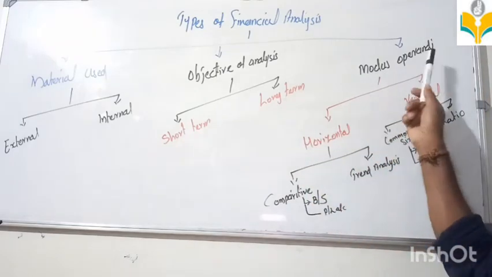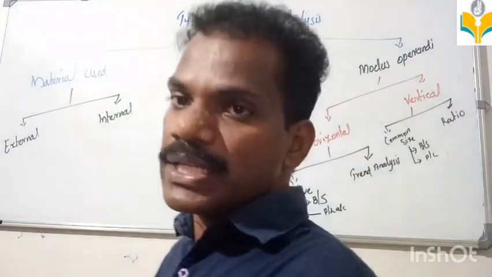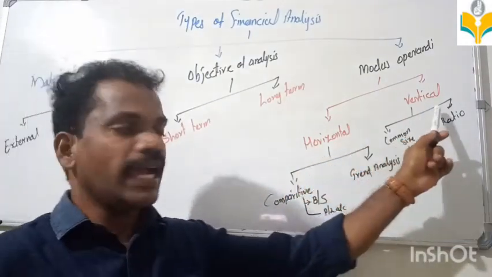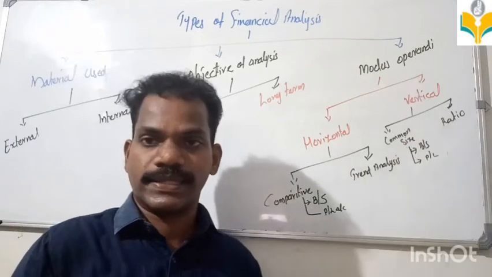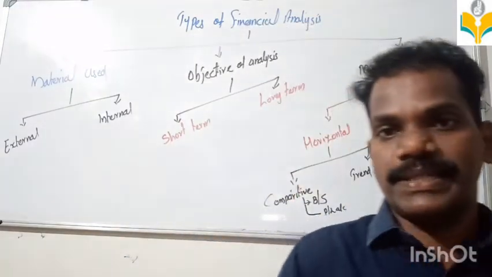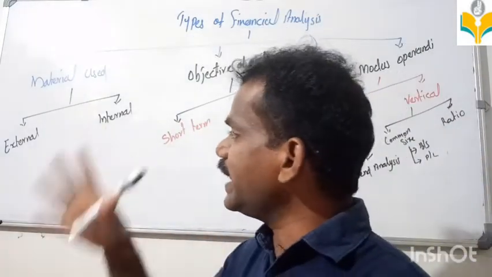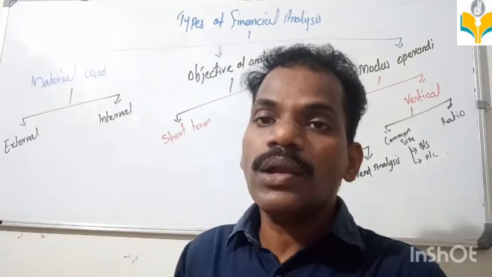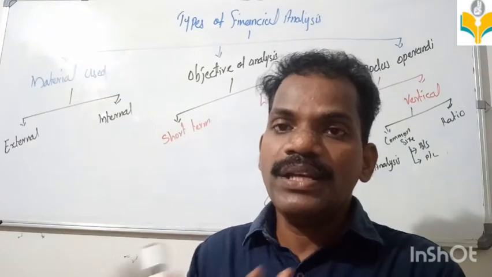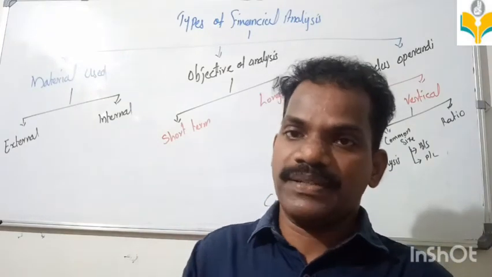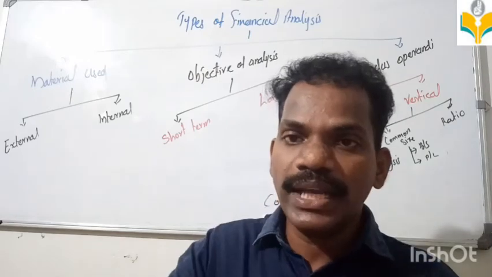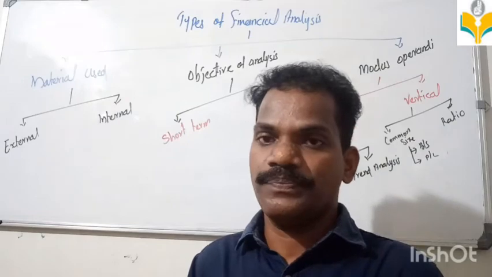On the basis of modus operandi or mode of operation, it can be classified into two: horizontal financial analysis and vertical financial analysis. Then, what do you mean by external financial analysis? And also, what do you mean by internal financial analysis? Both are on the basis of material used, that is, the data analyzed and interpreted by parties within the organization or outside the organization.